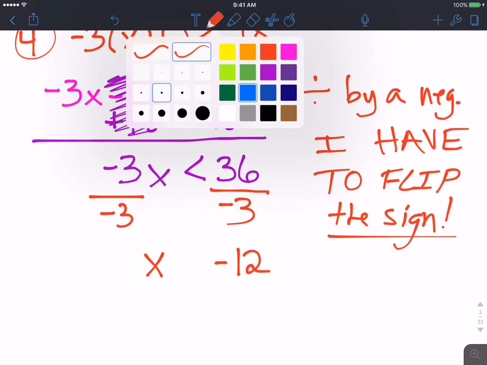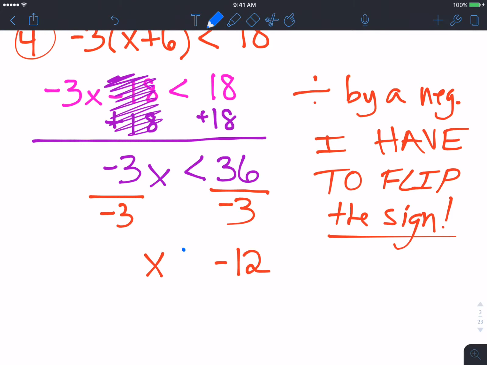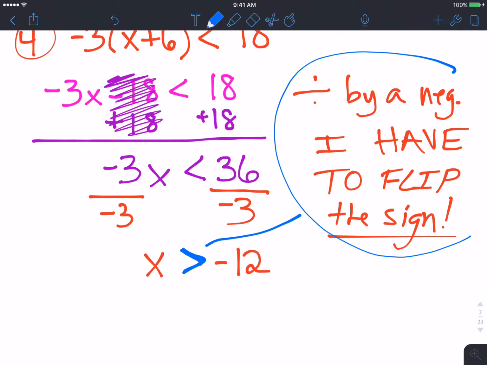So this is no longer less than, it's going to be greater. So notice my sign has changed, it's flipped.